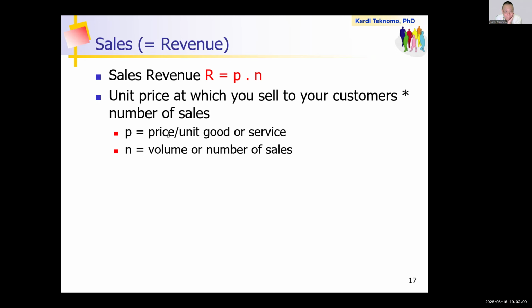P is the unit price, meaning price per unit goods or per unit service, and N is the volume, the number of sales, the demand. Revenue is price times the demand, right? In sensitivity analysis a while ago, we used X and Y, so we just use different notation here. I hope you don't get confused with that.